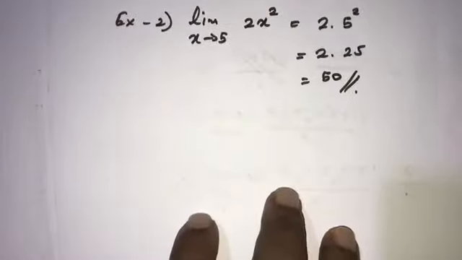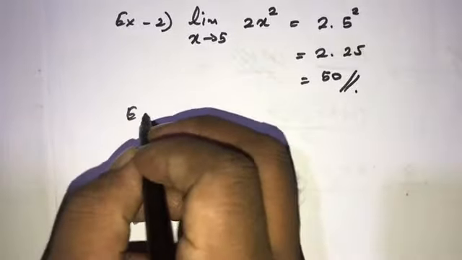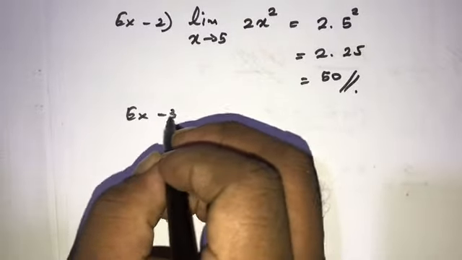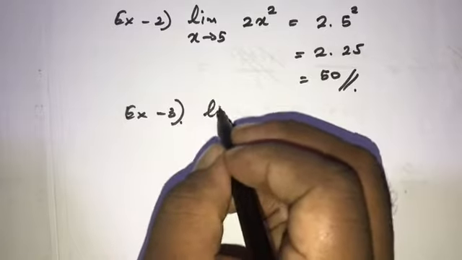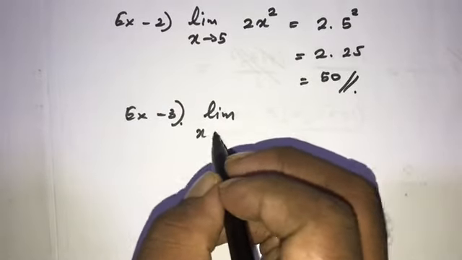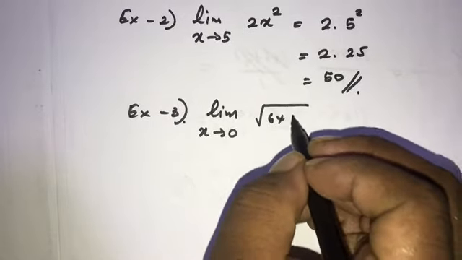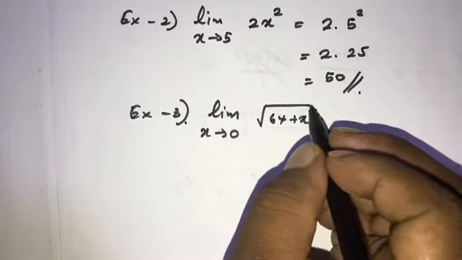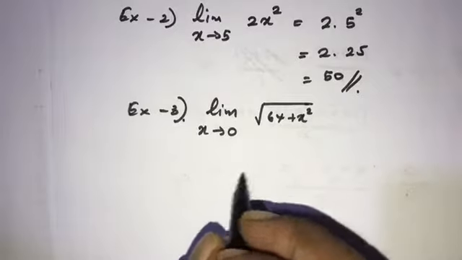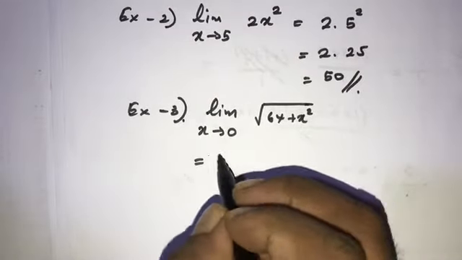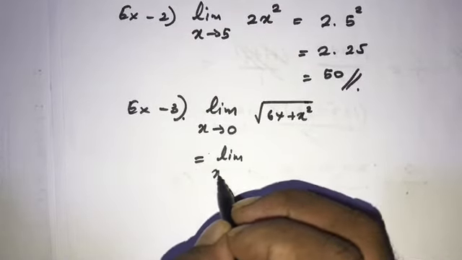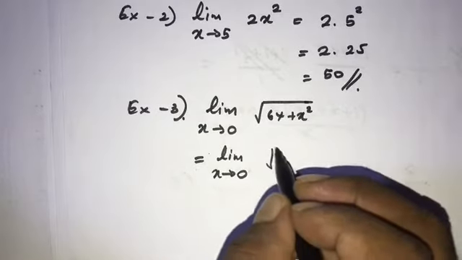Then example number 3: limit x goes to 0 of square root of 64 plus x squared. So substitute 0 for x. Square root of 64 plus 0.